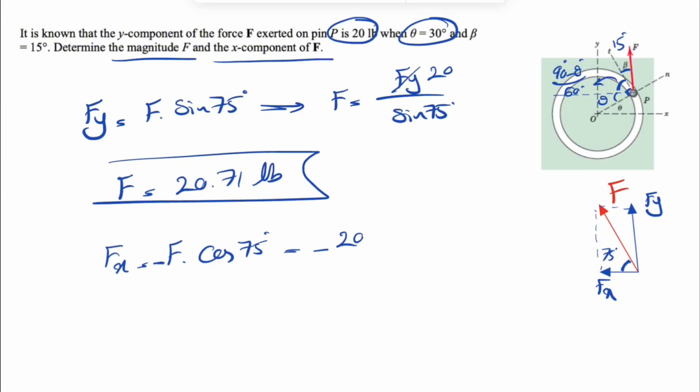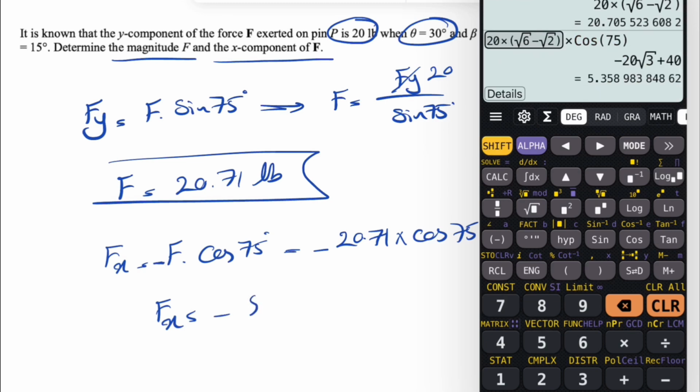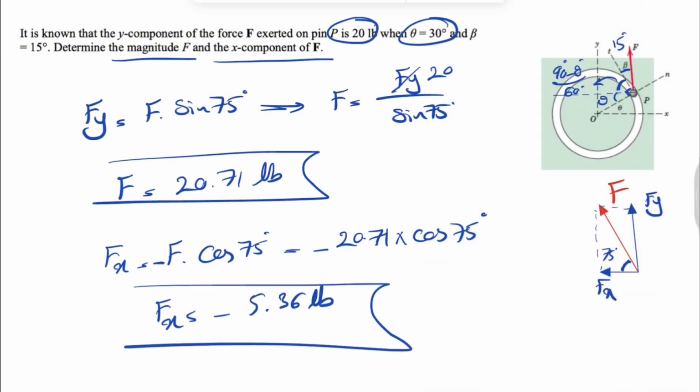So negative 20.71 times cosine of 75 degrees, and our Fx will be minus 5.36 pounds. And this is going to be our x component and the final answer for this question.